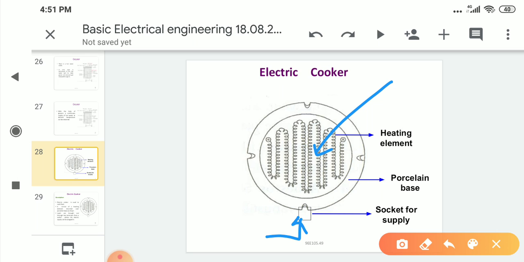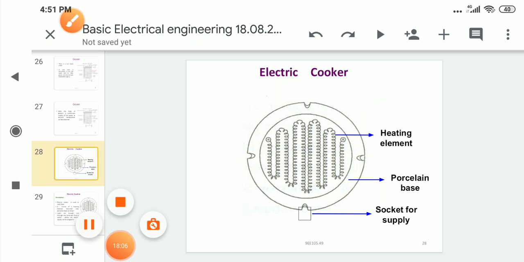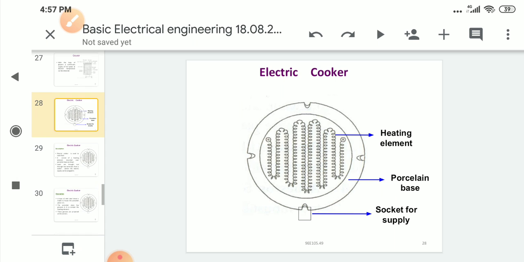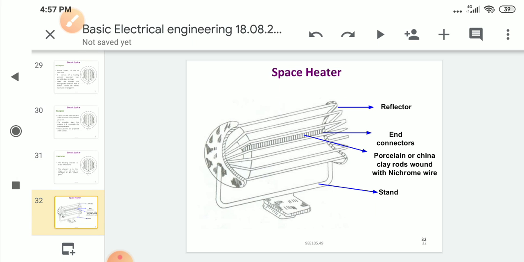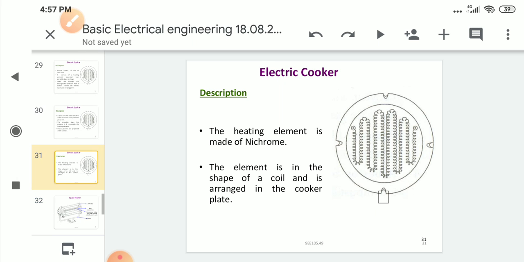Very simple application. So this is about the electric cooker.